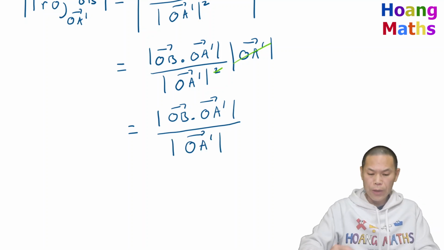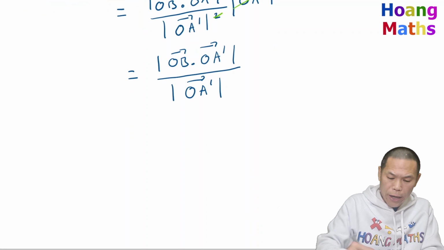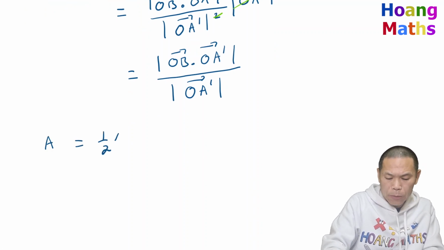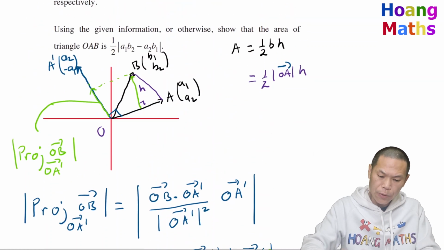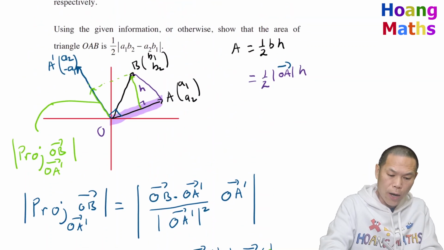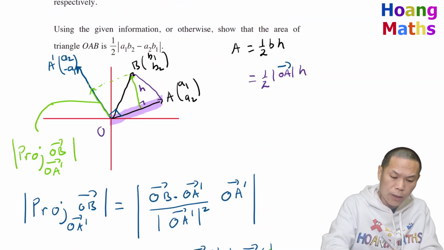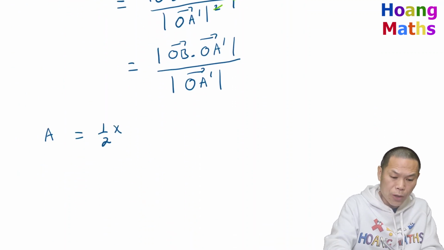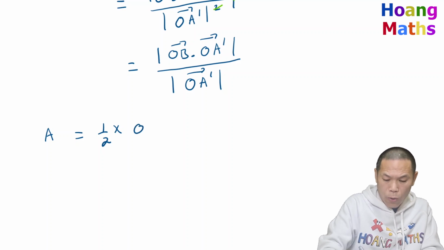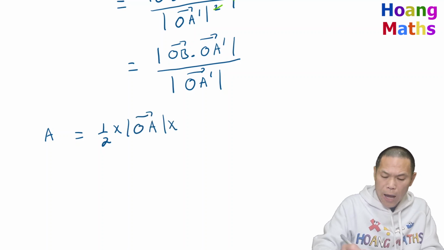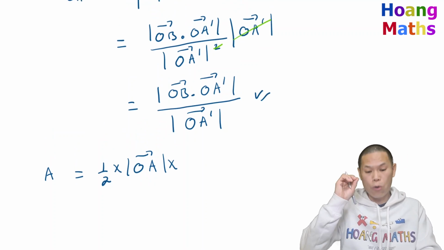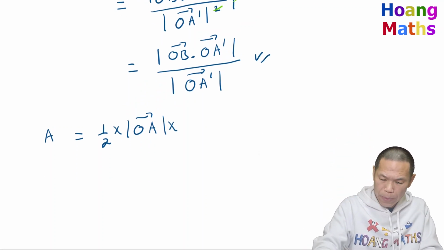Now the area of triangle OAB is equal to a half times base. The base is vector OA, so that is times by the magnitude of OA, and we times by the height, which is the projection of OB onto OA prime.